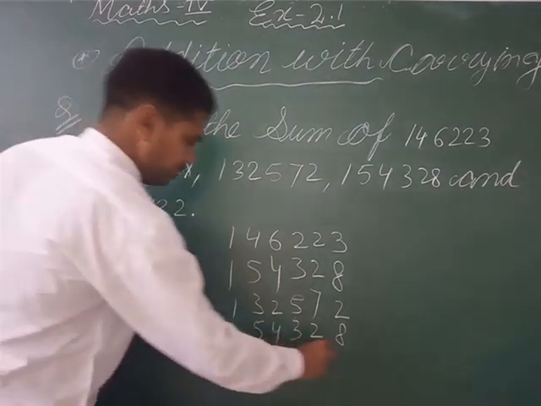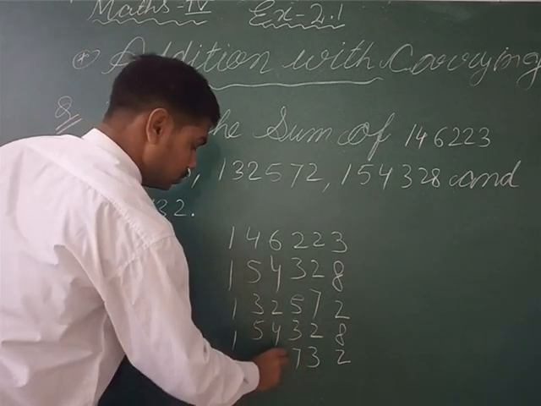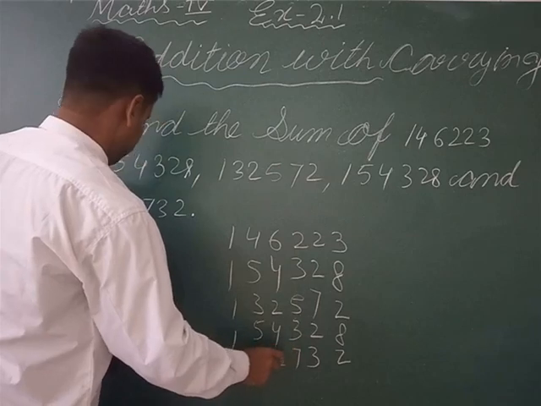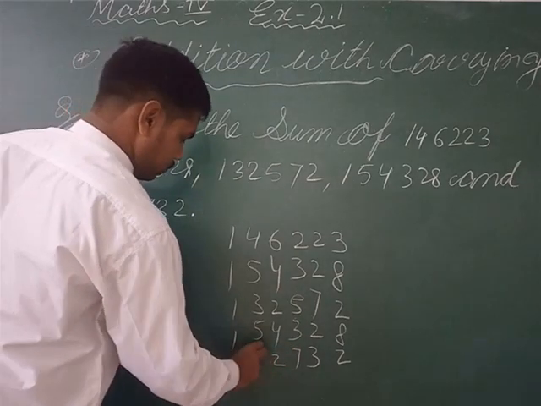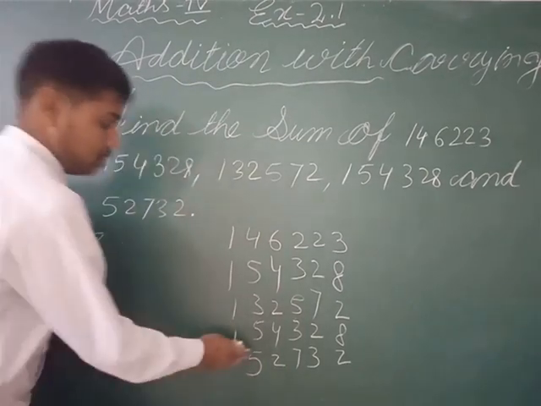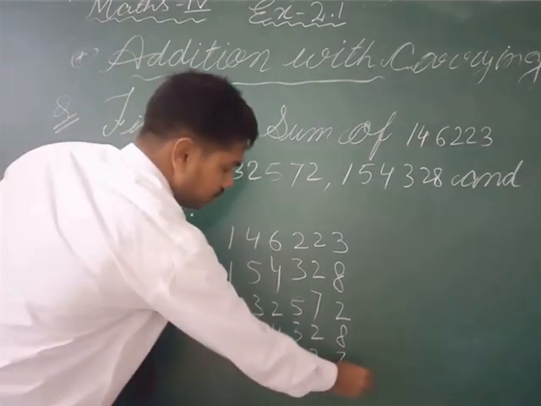The next number is 2, 3, 7, 2, 5. That is only 5 digits, and the rest are all 6 digits. See, here a problem may be created if you do not start writing from the right side.